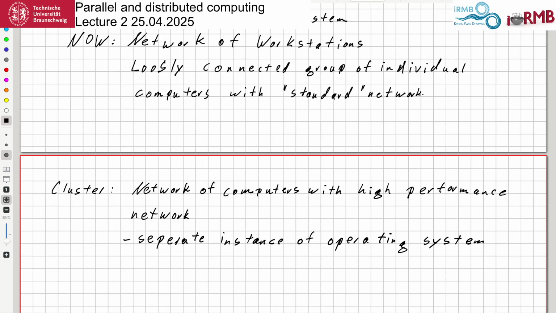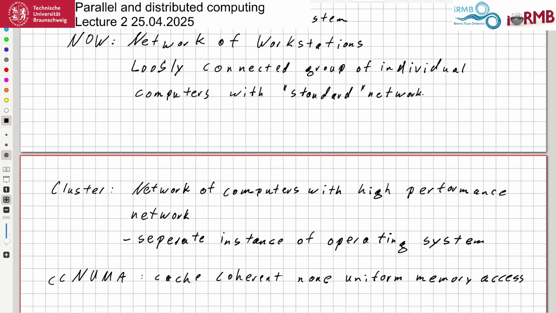Okay, yes, the other names that we already had: CC-NUMA is cache coherent non-uniform memory access.